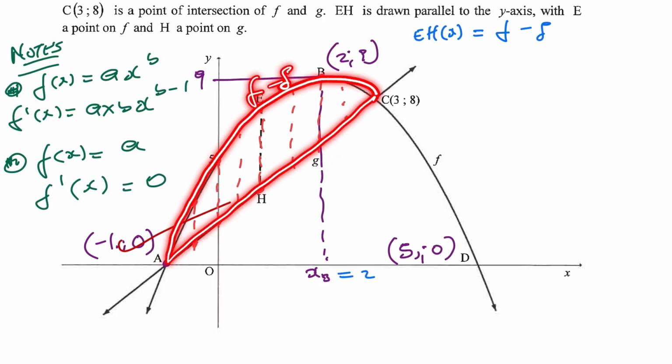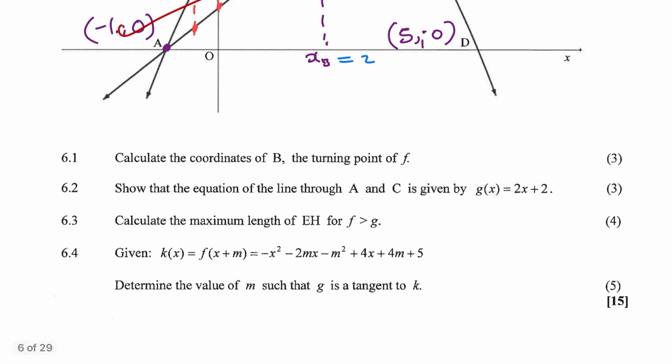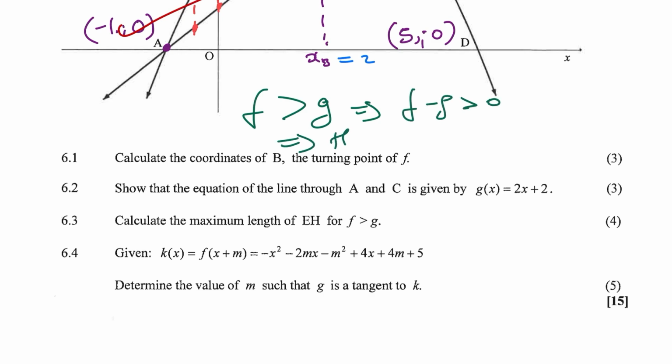Why F minus G? Because we are told that F is greater than G, meaning F minus G is greater than 0. Therefore the equation EH is equal to F minus G, greater than 0.